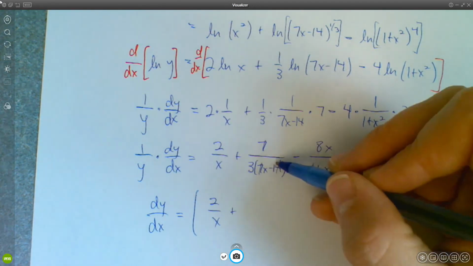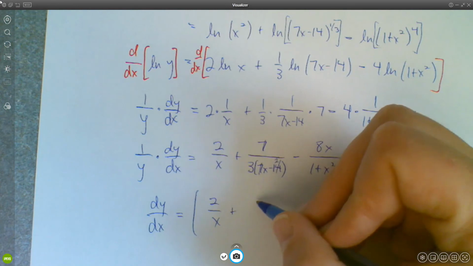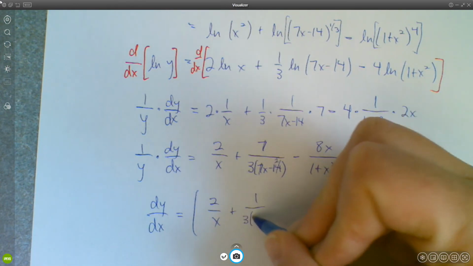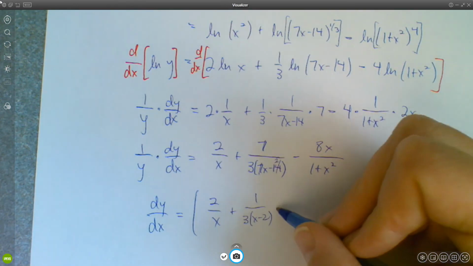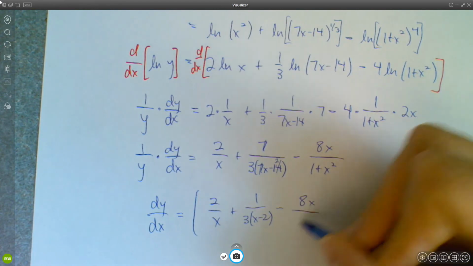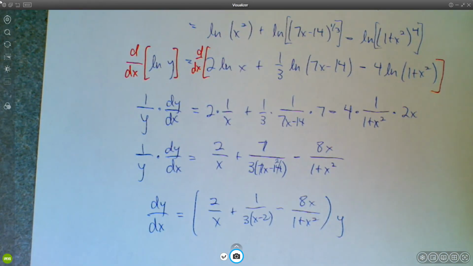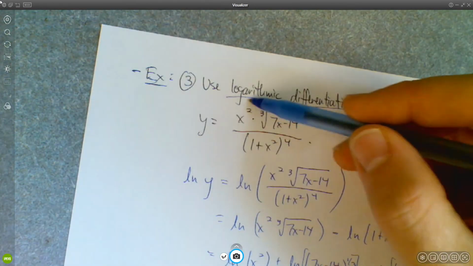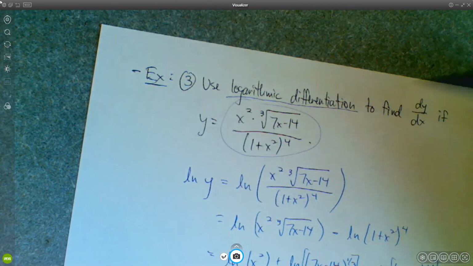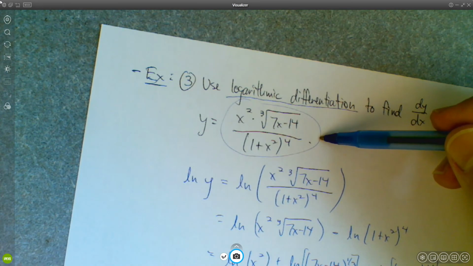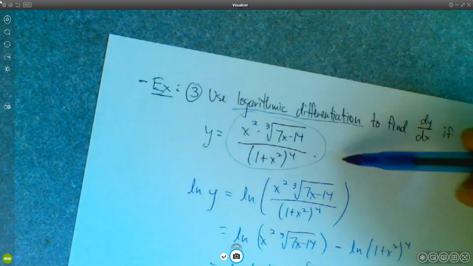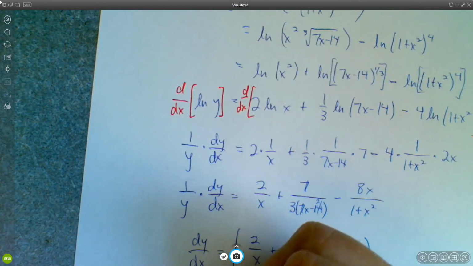That should be a 2 now. So we have 1 over 3 times (x minus 2). It's a little nicer. All this times y. Now y is this mess up here. So I'm just going to replace y down here with this stuff, and then I'll be done.